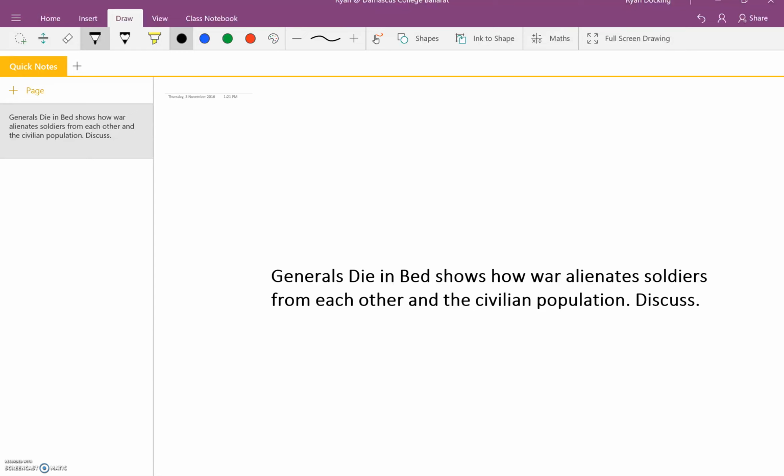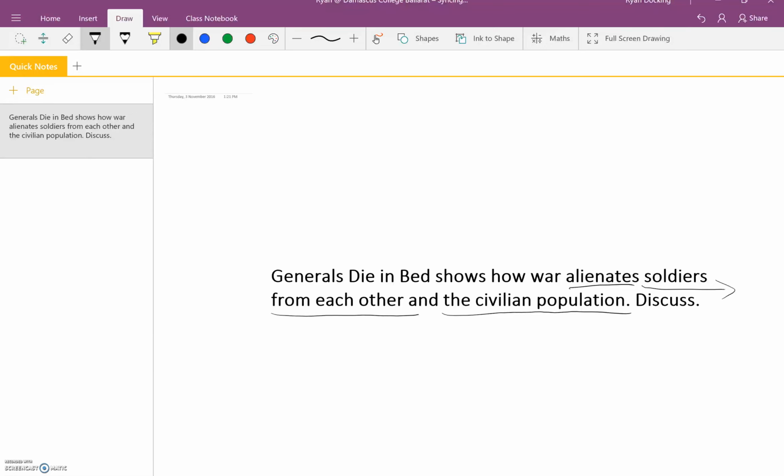General Steinbed shows how war alienates soldiers from each other and the civilian population. Discuss. So we're obviously talking about the text. Of course, we're talking about war. The central idea of this is this word alienates, but we're also looking at how soldiers from each other and the civilian population.